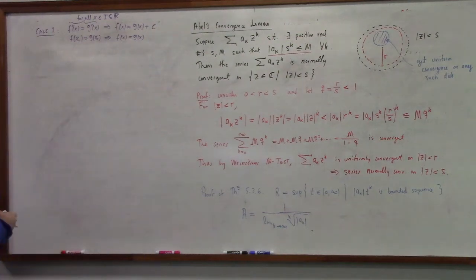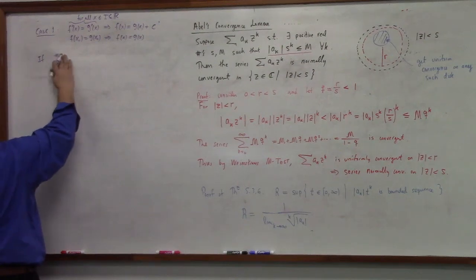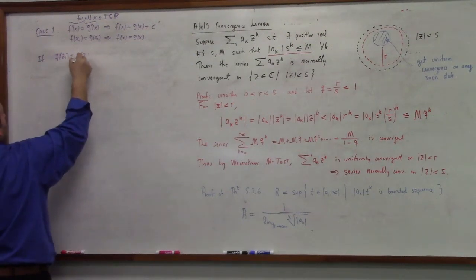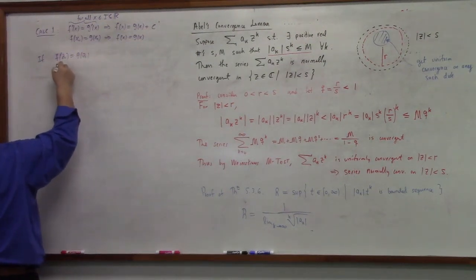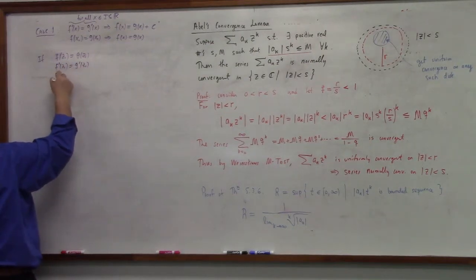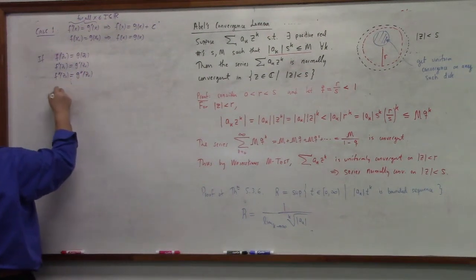So this corollary is saying something a little bit different. What it's saying is that if you have f of z naught equals g of z naught, and you have f prime of z naught equals g prime of z naught, and you have f prime prime of z naught equals g prime prime of z naught, and so forth and so on.